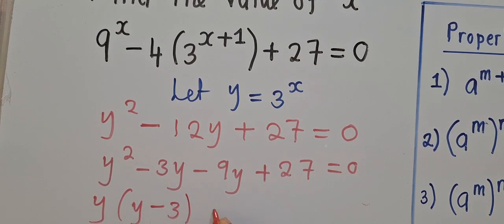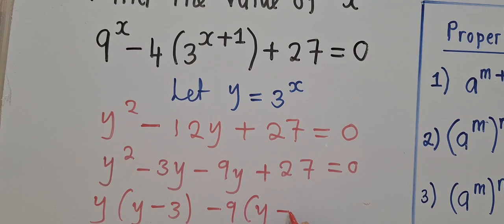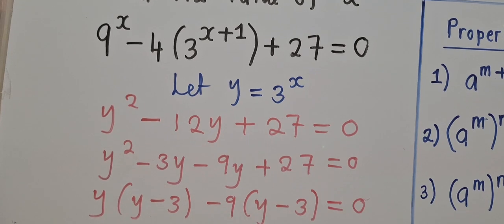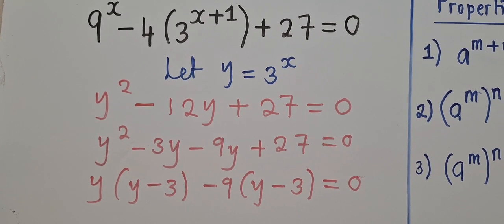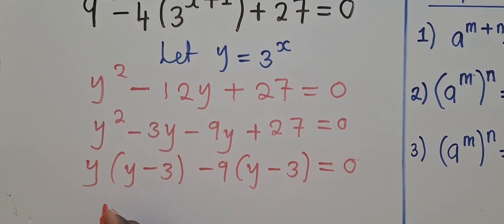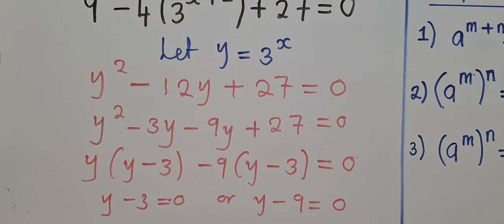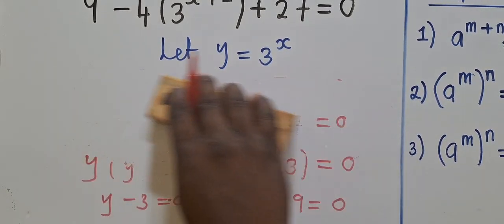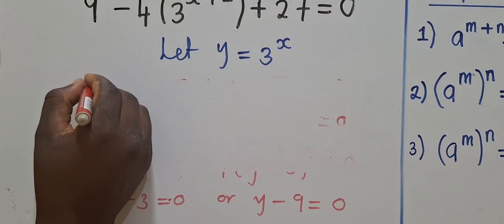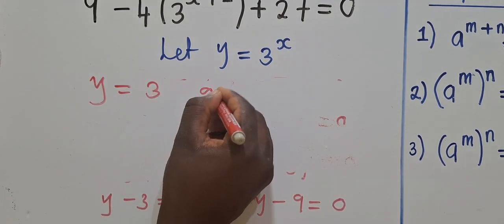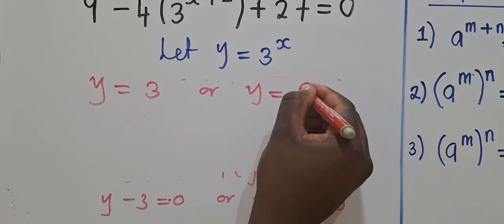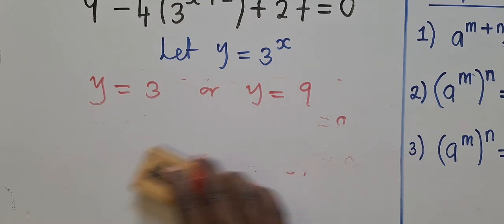So from this point we can say y minus 3 is equal to 0, or y minus 9 is also equal to 0. Meaning we've got two y values. The y values we have here are y is equal to 3 or y is equal to 9.